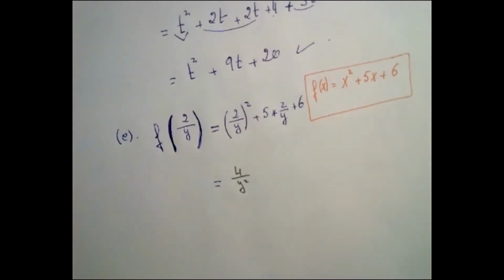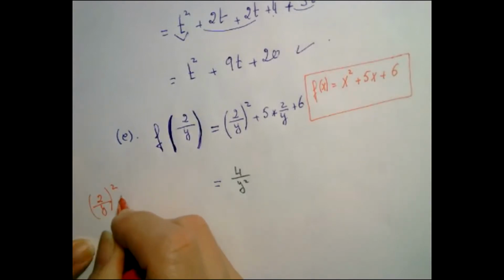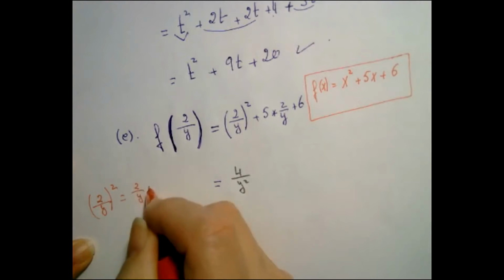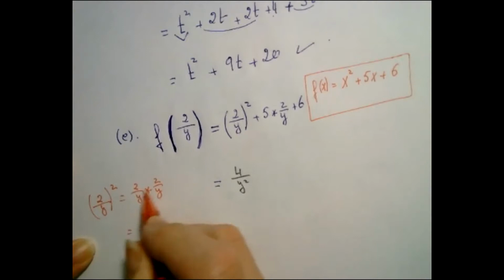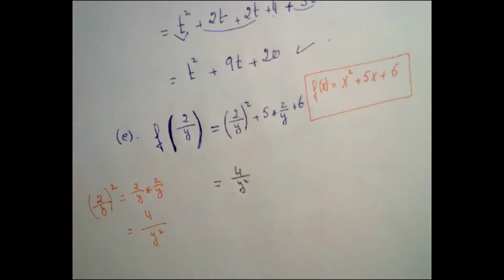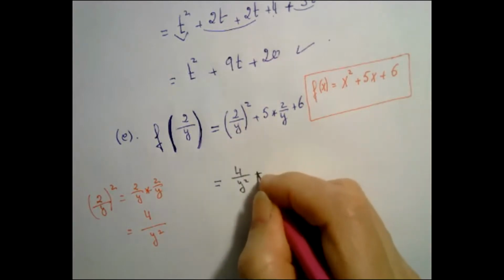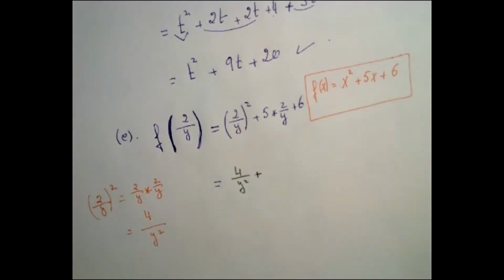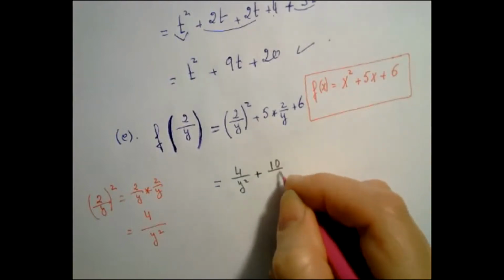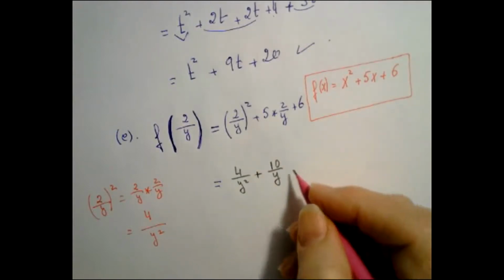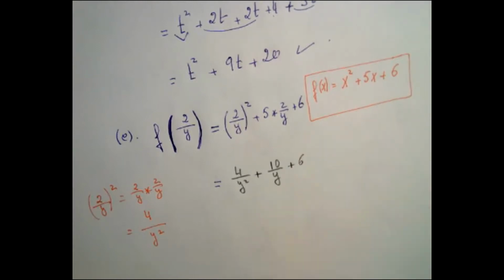Because remember, 2 over y squared is 2 over y times 2 over y. How do we multiply fractions? We multiply the numerator over the numerator and the denominator over the denominator. Okay, very good, you're fine. Plus 10y, or 10 over y, I mean. 10 over y, absolutely correct. Plus 6.